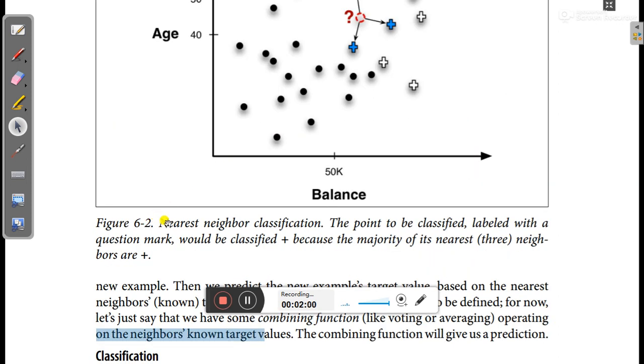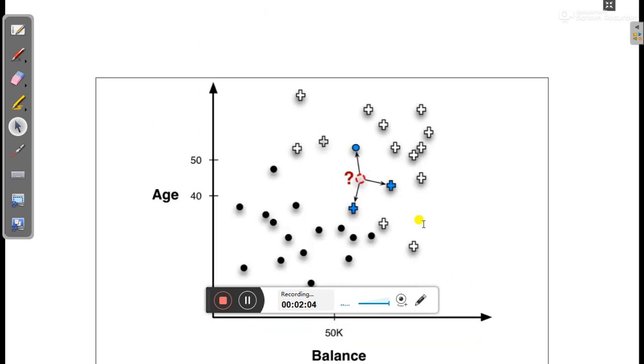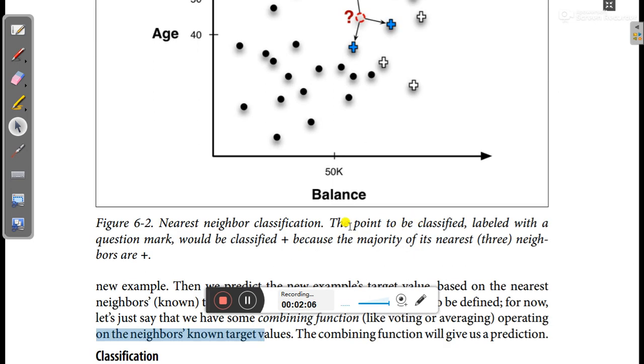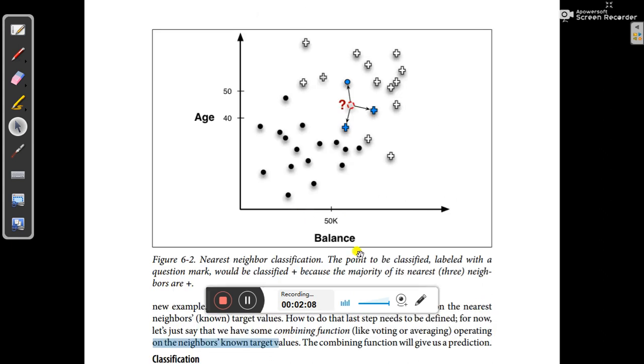In Figure 6.2, nearest neighbor classification, the point to be classified is labeled with a question mark. That point would be classified as plus, because the majority of its neighbors are positive.